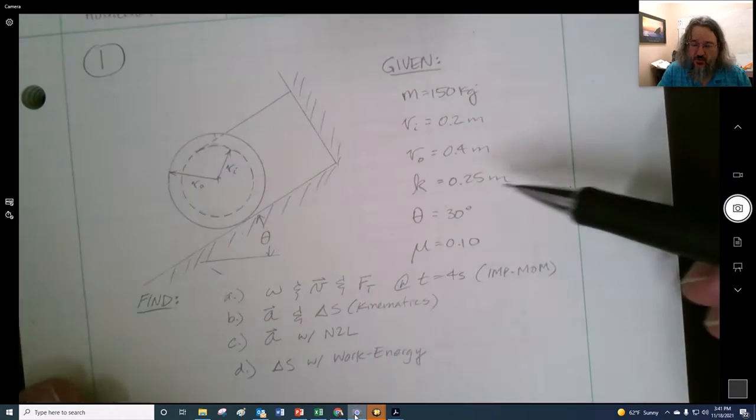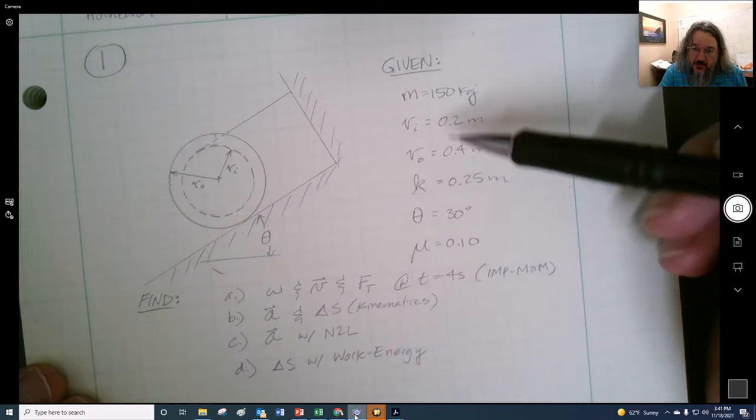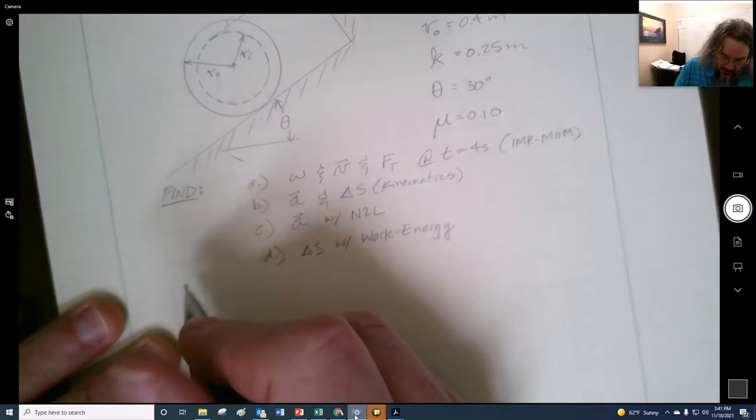I think what I want to do first is to get the mass moment of inertia.